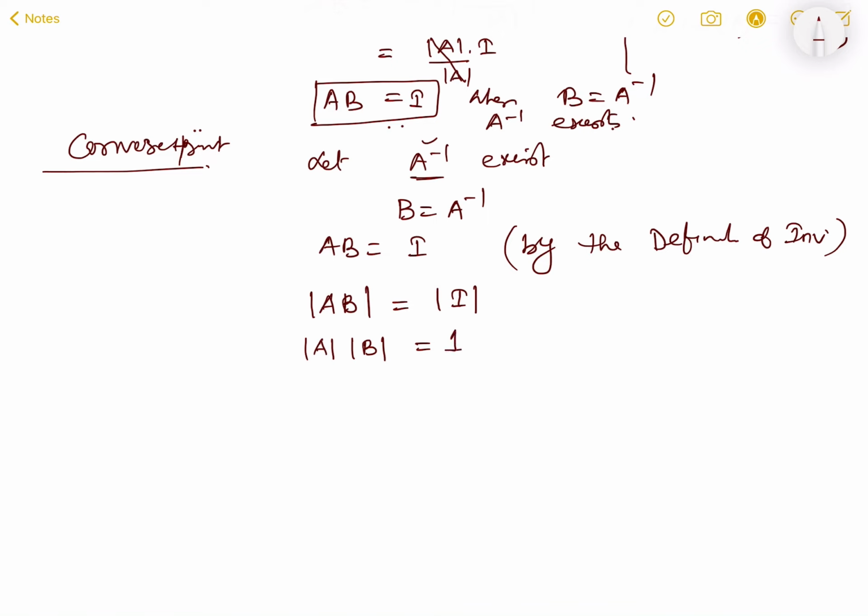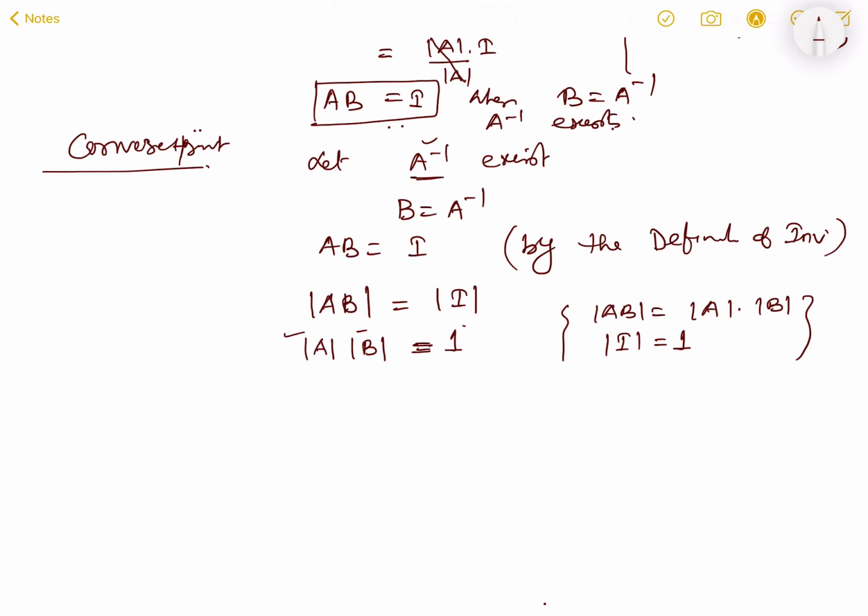Right side में आप लिख दो, as per the property of determinant, we know that determinant AB is equal to determinant A into determinant B, and the determinant of the identity matrix is 1, whatever be the order of I. So here the multiplication of two numeric numbers is 1.